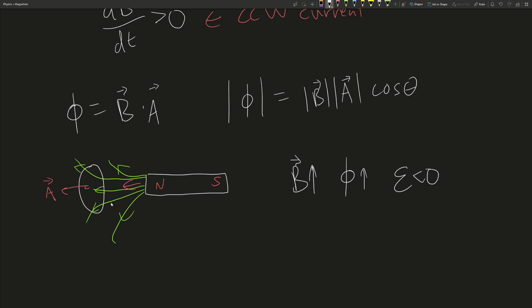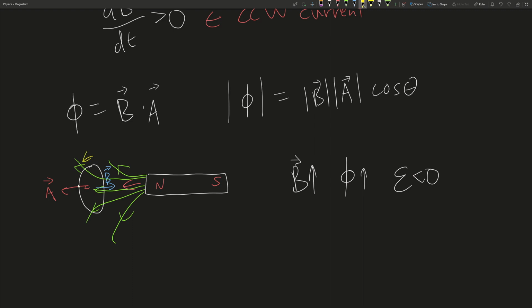And the negative EMF means by Lenz's law, it's going to counteract this change. So if the magnet is getting closer, there will be an induced magnetic field here in the opposite direction. So this is going to be the induced magnetic field, which means that by the right-hand rule the current has to be running this direction.